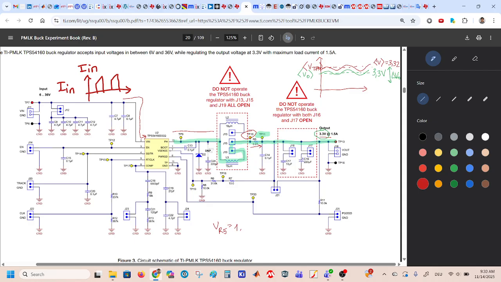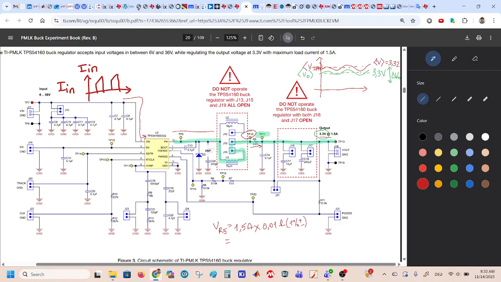And we will multiply, let's say, 1% plus minus. This voltage is actually very small.